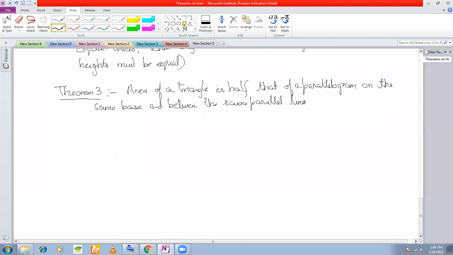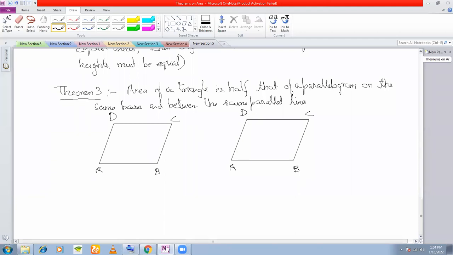Let's say this is one figure, ABCD, and let's say this is another. Let's give the same name, but the construction of the figures will be a little different.